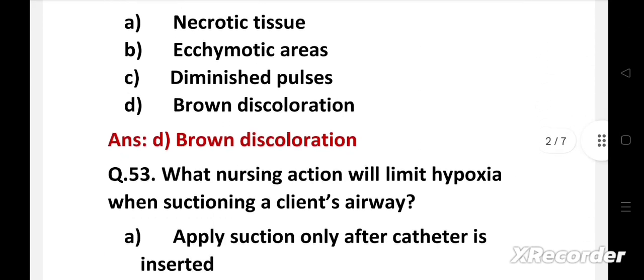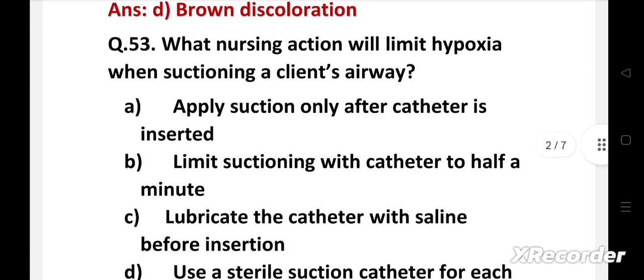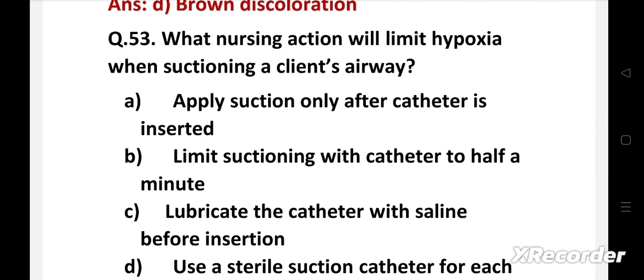Next question. What nursing action will limit hypoxia when suctioning a client's airway? Option A, apply suction only after catheter is inserted. B, limit suctioning with catheter to half a minute. C, lubricate the catheter with saline before insertion.